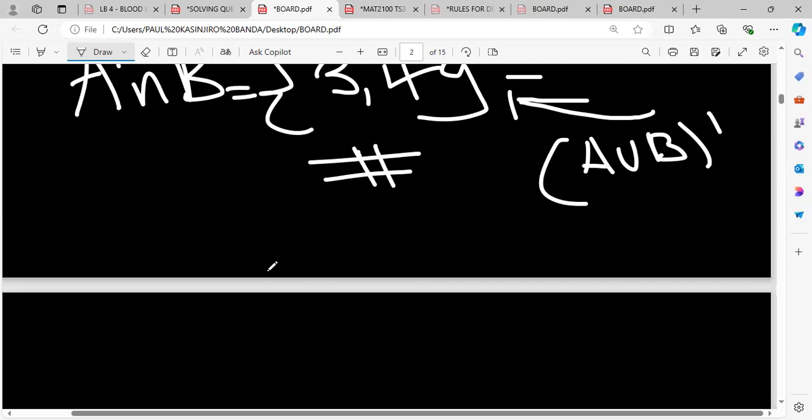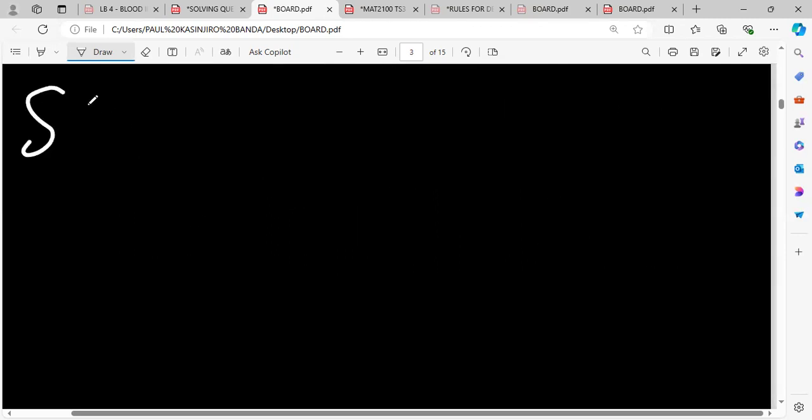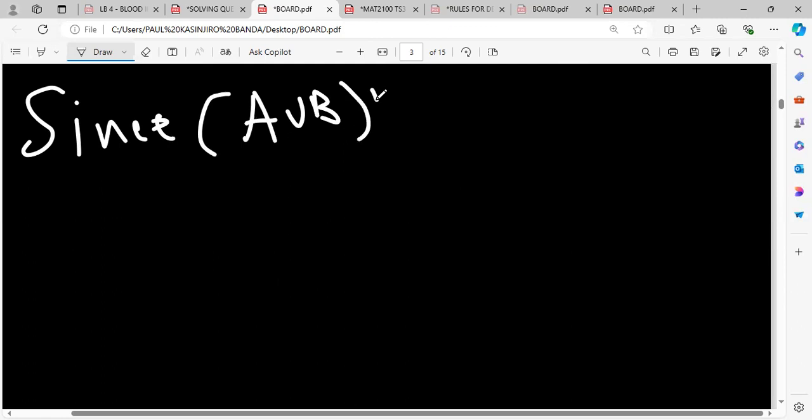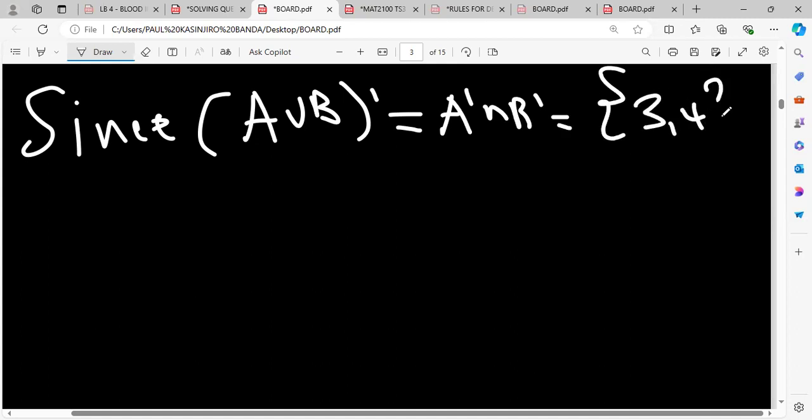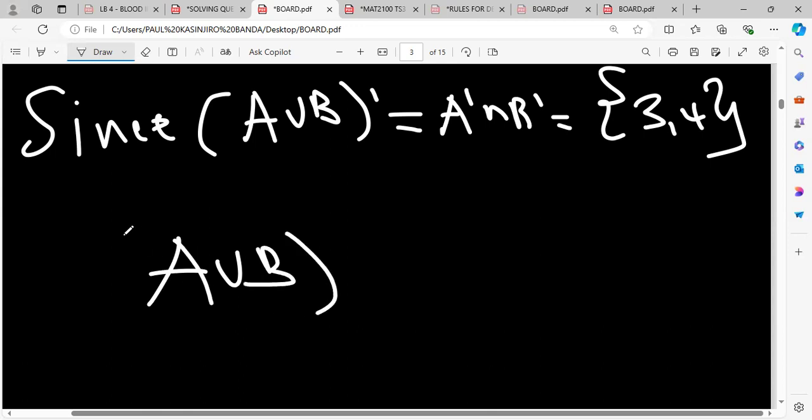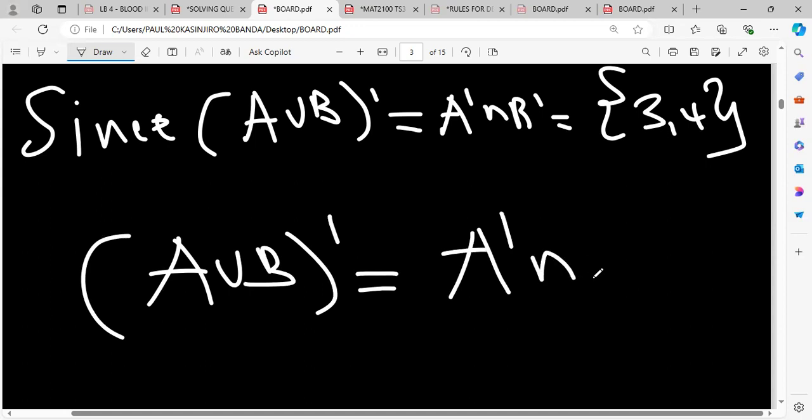So here you can conclude. You say since my A union B complement is equal to my A complement intersection B complement, which is equal to the members that we have, the 3 and the 4, then definitely my identity, A union B complement, will be equal to A complement intersection B complement.